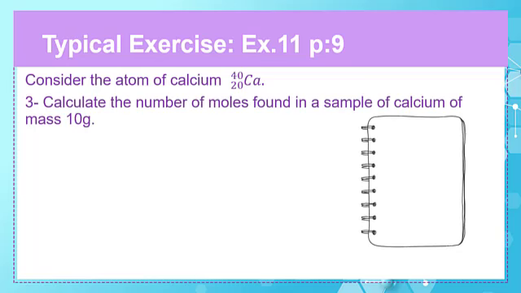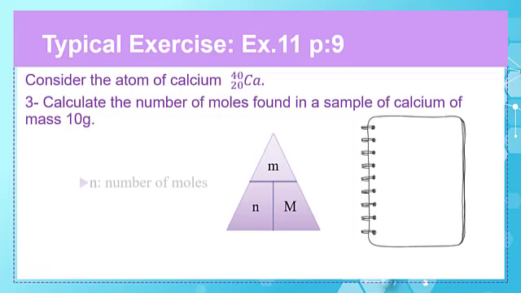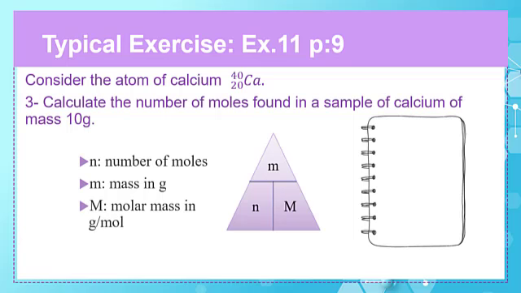Number 3. Calculate the number of moles found in the sample of calcium of mass 10 gram. To find the number of moles, we remember this triangle: n equal m over the molar mass. n stands for the number of moles, m for the mass in gram, and the capital M for the molar mass in gram per mole.